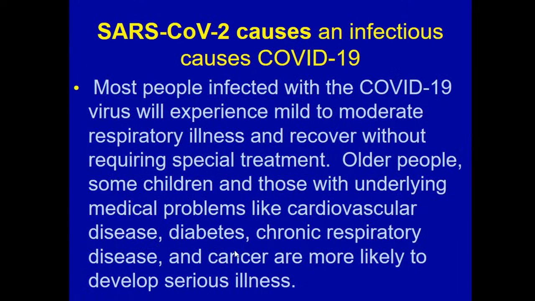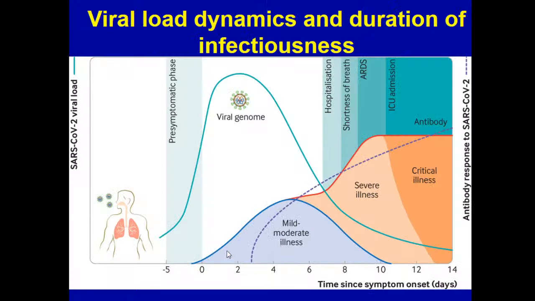Since that time, the virus generates a very wide range of illnesses, from very mild and moderate illness, then severe illness that needs hospitalization and is accompanied by shortness of breath and acute respiratory distress syndrome.